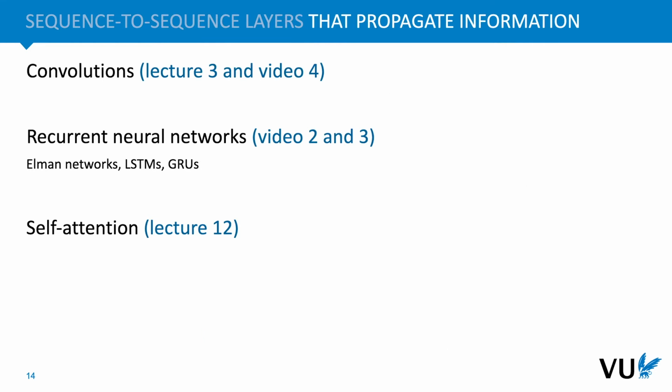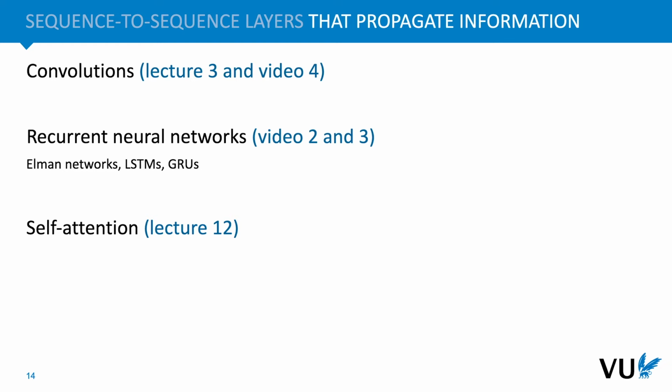We will see throughout the course 3 types of sequence-to-sequence layers that do propagate information across the time dimension. The first is convolutions. We've already seen these in lecture 3, and we will see them again in a sequential setting in video 4 of this lecture. The second is recurrent neural networks, which we will discuss in videos 2 and 3 of this lecture. And finally, there's self-attention, which we will discuss towards the end of the course in lecture 12.